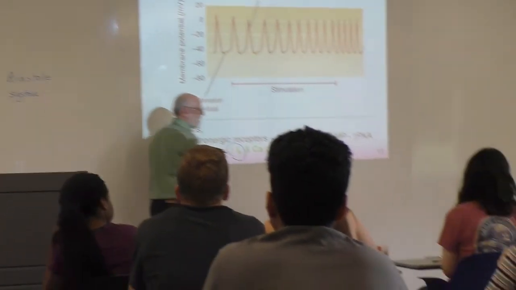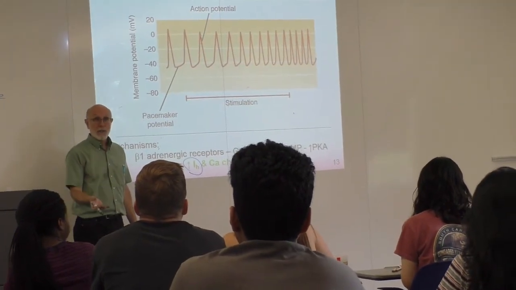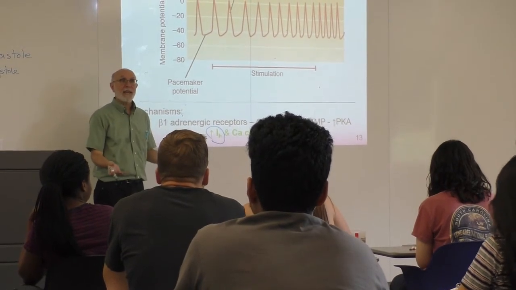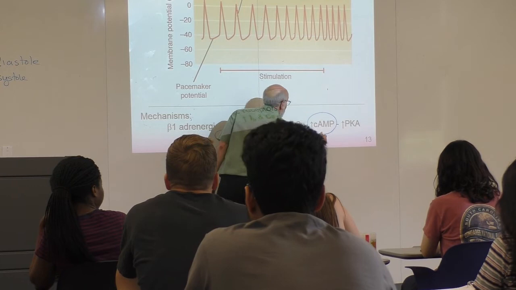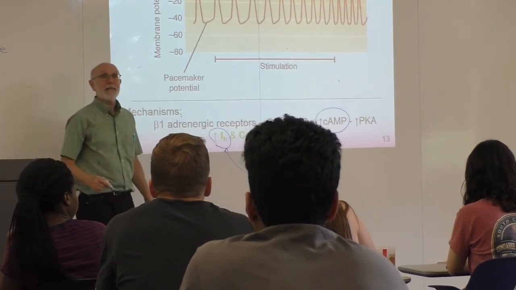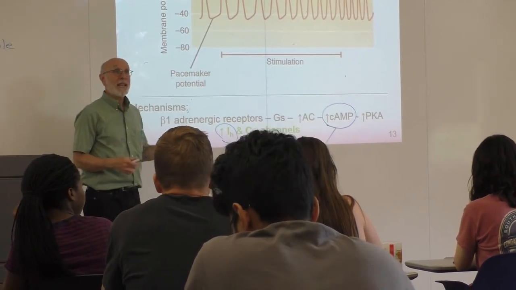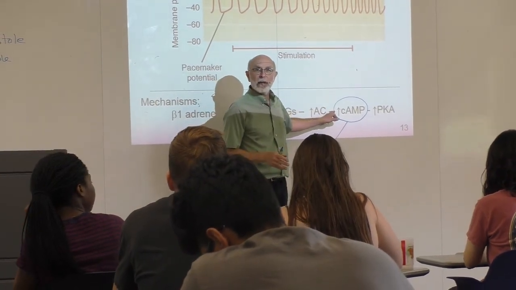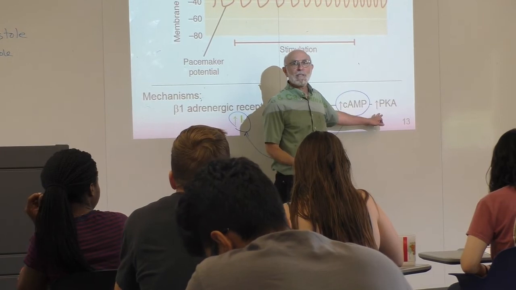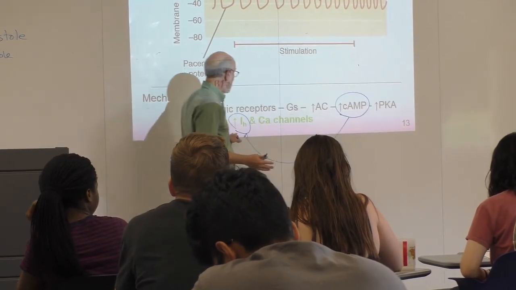So IH is opened by hyperpolarization, which is what gives it its name, and by cyclic AMP binding to it. So I'm introducing a new concept here. Cyclic AMP does two things. It binds to the regulatory subunits of PKA, and it binds to IH.